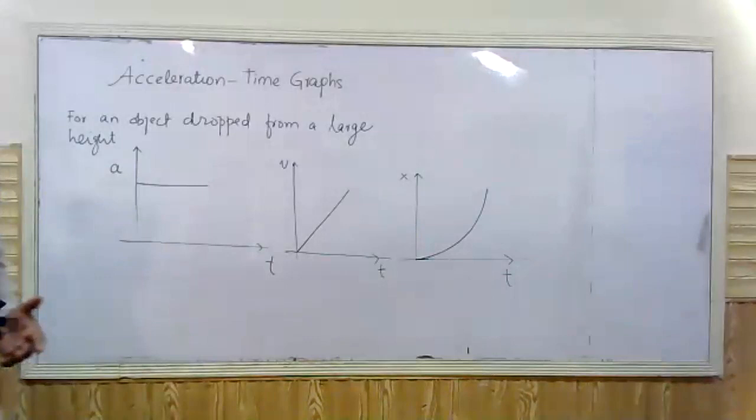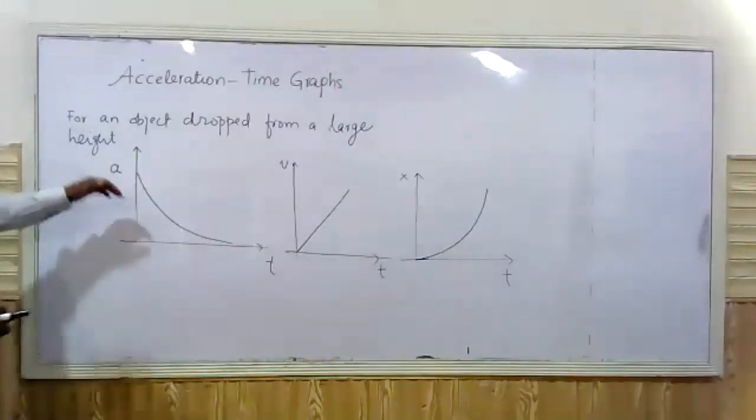So in many questions, often in multiple choice, they ask this question: what will be the shape of the graph for an object dropped from a large height? It is the acceleration. Let's say it starts here in the beginning and then it drops. And with time, the acceleration becomes very, very small.